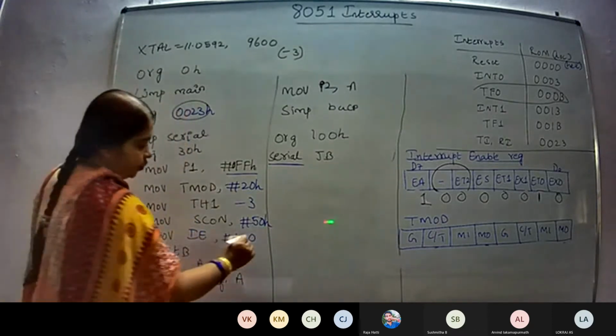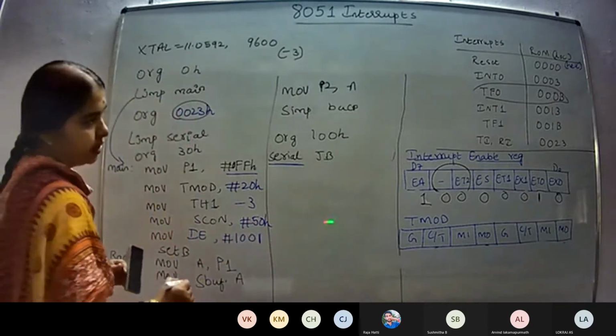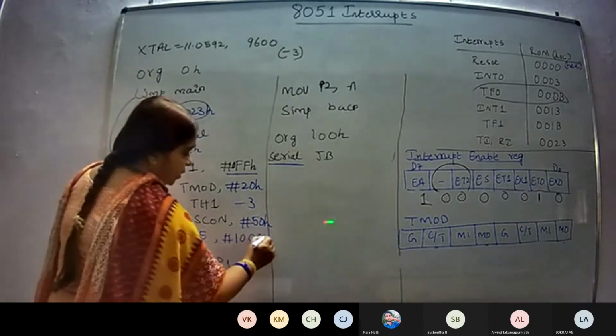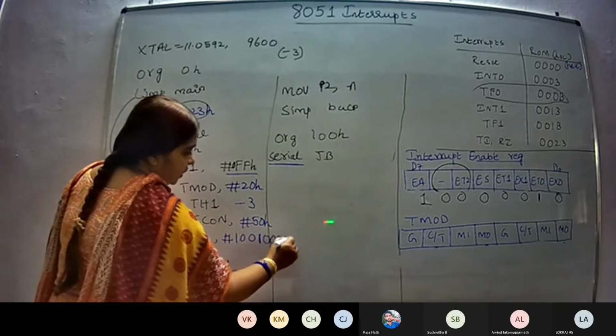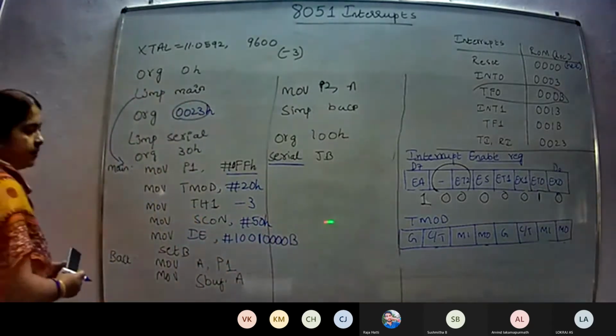See, it is serial communication, so ES should be 1. Next, all the 4 bits are zeros: 0, 0, 0, 0. I am writing this in bits, not in hexadecimal.